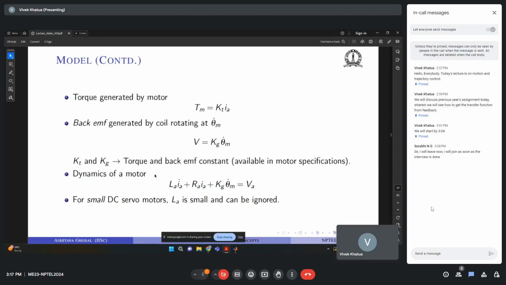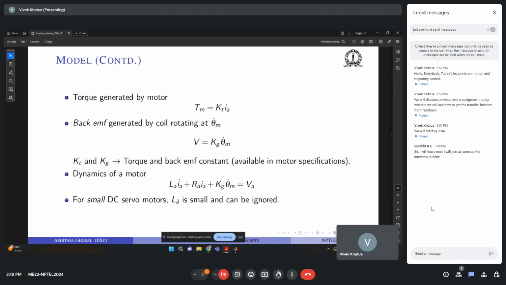So the dynamics of the motor here is that if you look at the motor, the circuit is that you have an inductor, you have a resistor, and then you have your back EMF, which joins with your total voltage applied across the motor, right? So here, for small DC servo motors, La is small.